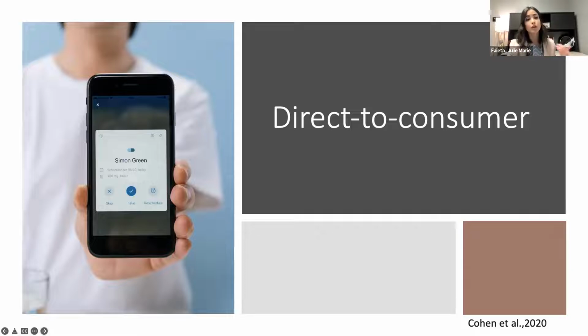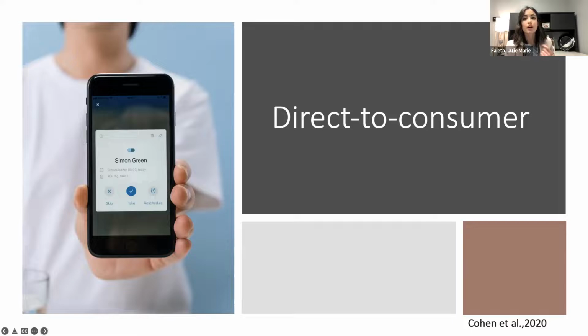Let me introduce you to one of the cons of accessing mHealth. And that's simply the same thing. It's direct to consumer. So while direct-to-consumer formats can overcome common barriers to access, there's also a con in the bigger picture of mHealth. There's two sides to this coin.